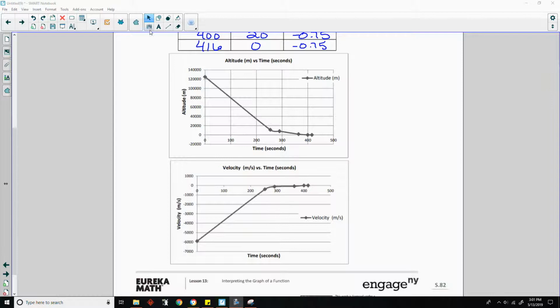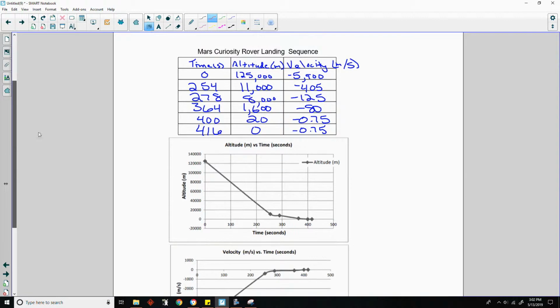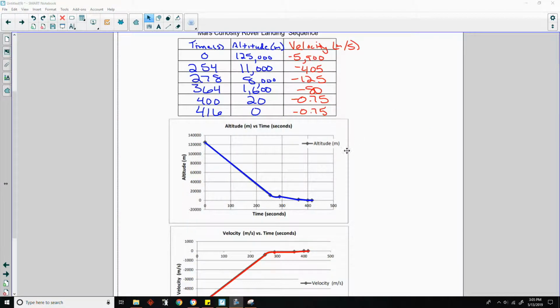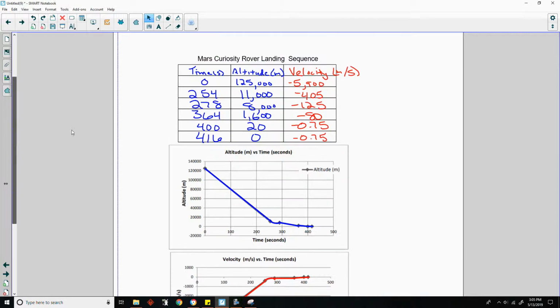Okay, so now here is a graph of velocity, meters per second versus time, seconds. So this graph here is this times an altitude. I color-coded everything to make it clearer.